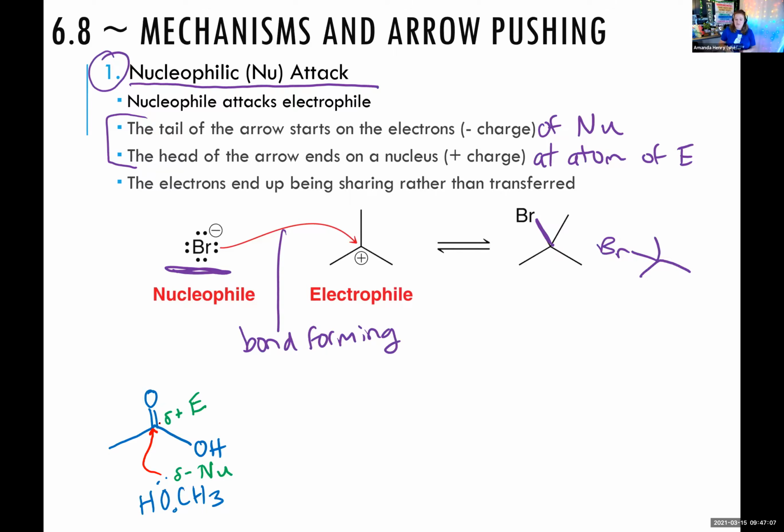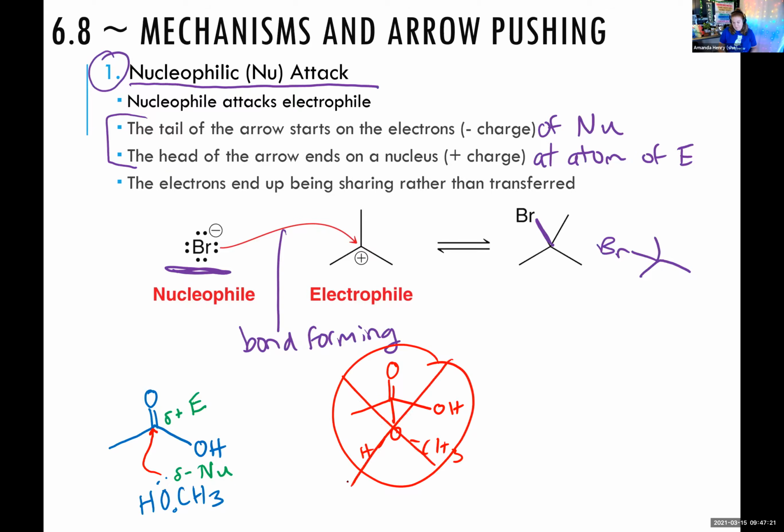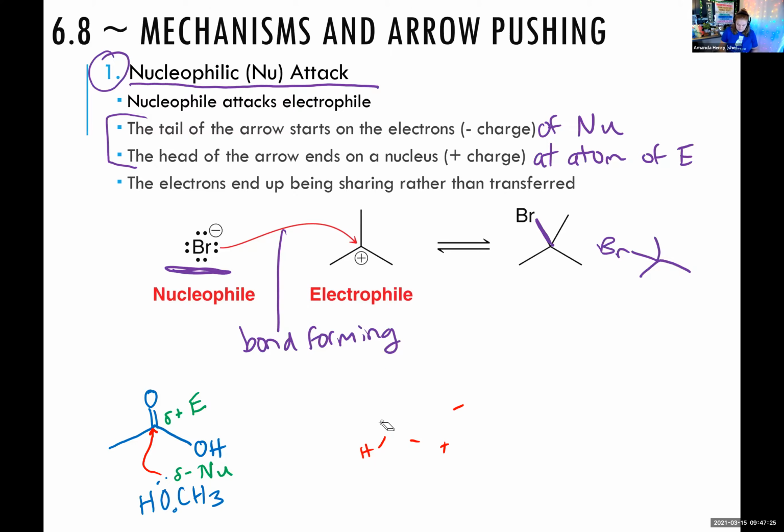In this case, we need two arrows because if we stopped right there, I'm going to draw a really ugly structure, but if we stopped right there, we would have a carbon that has 5 bonds. We can't have a carbon with 5 bonds. So, erase my ugly structure.